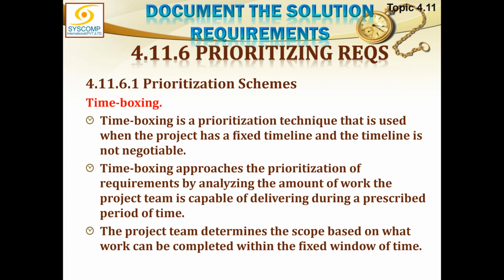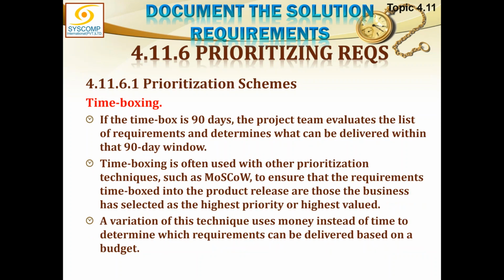The project team determines the scope based on what work can be completed within the fixed window of time. If the time box is 90 days, the project team evaluates the list of requirements and determines what can be delivered within that 90-day window. So whatever is the size of a time box, that size of an iteration, the work will be according to that.